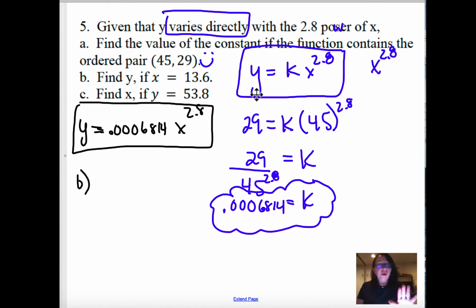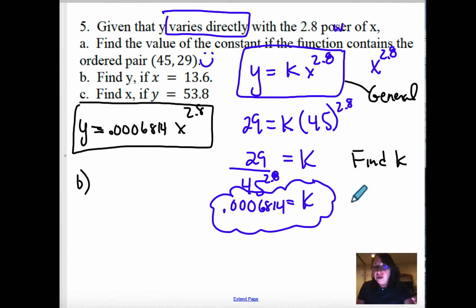Now, I do want to just stop for a second and remind you of something. They're not telling you to do this. You have to know to do that. So you have to know to find the general equation, number 1. Number 2, you have to know to find k.